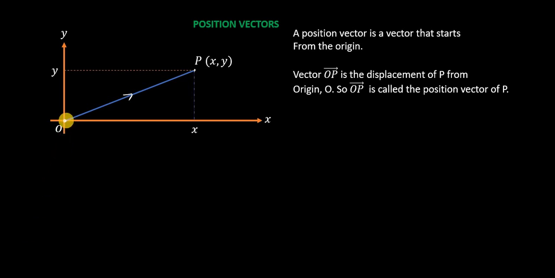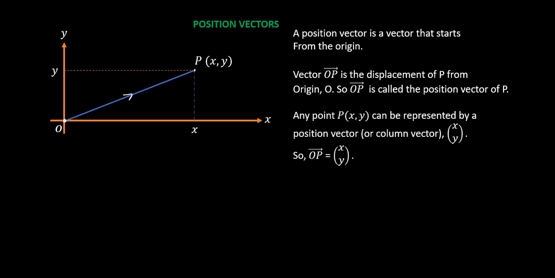So position vectors start from the origin as indicated before. Any point, in this case point P with coordinates x and y, can be represented by a position vector. Any point, because we can always draw a straight line from the origin to that particular point.